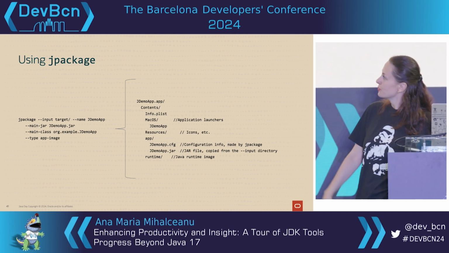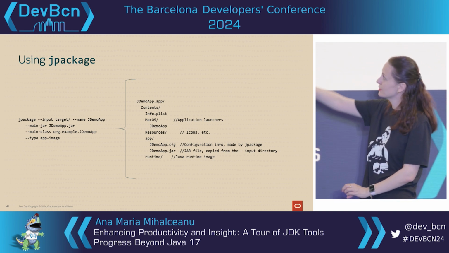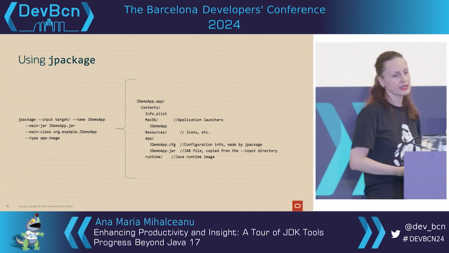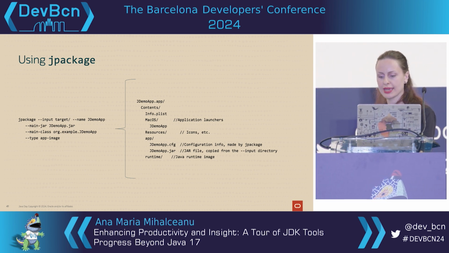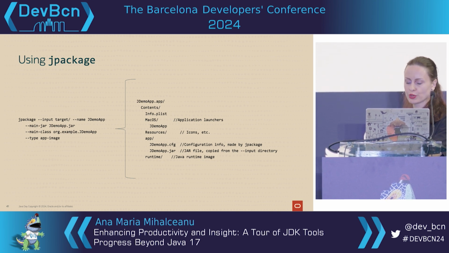Apart from this, when using JPackage, there's a place called app, and there's a configuration info made by JPackage. That is actually what got modified after JDK 19 to support configurations per user.